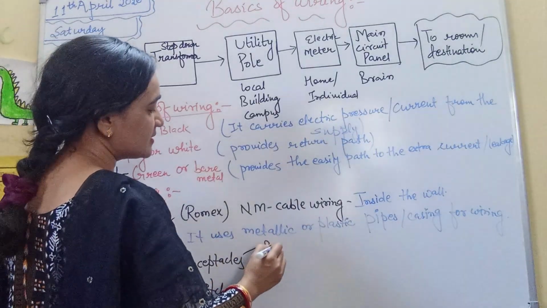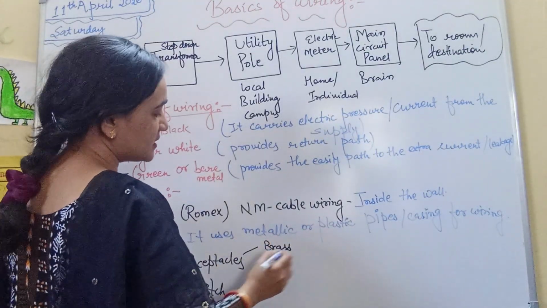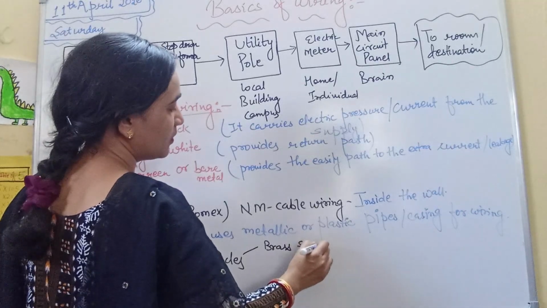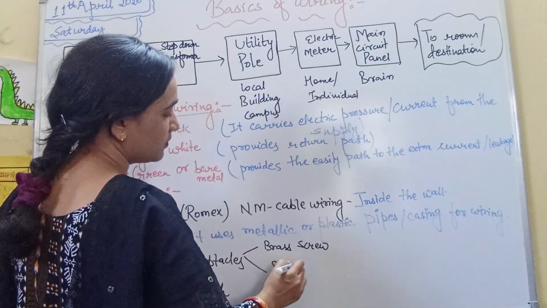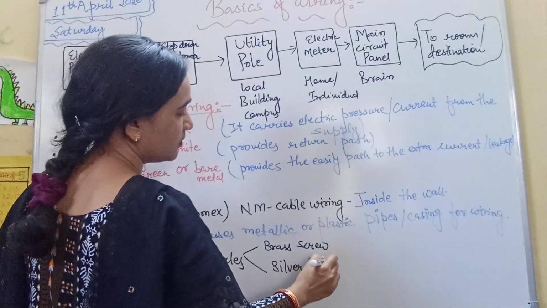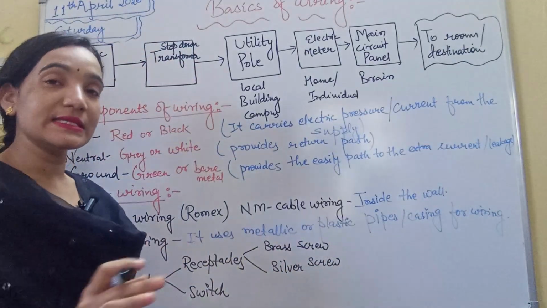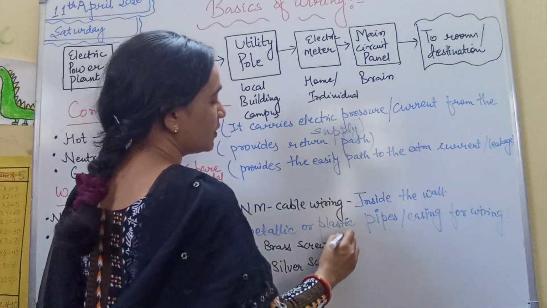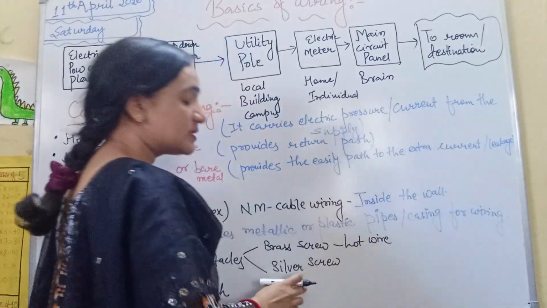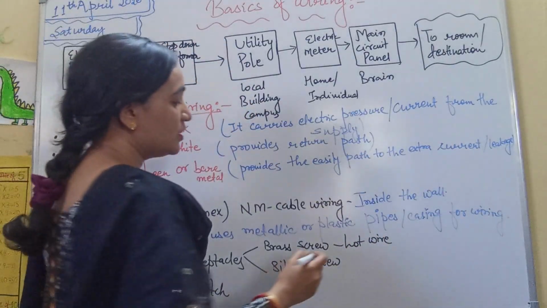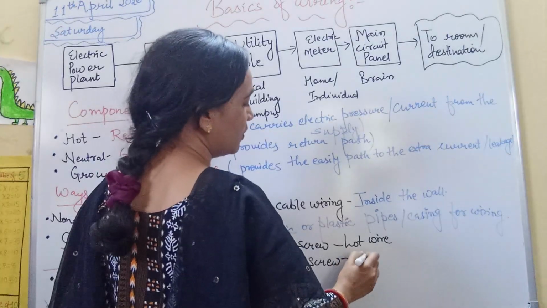One is a brass screw and the other is a silver screw. The brass screw carries the hot wire and the silver screw carries the neutral wire, or cold wire.